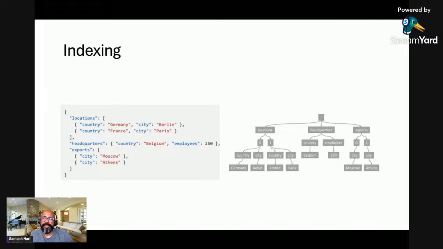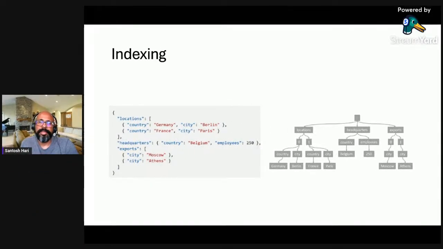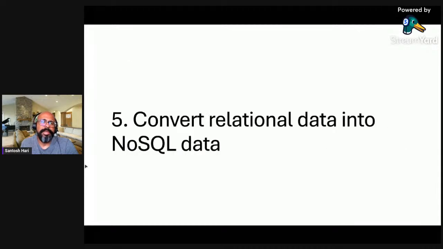That makes it extremely easy to reference this particular data. If I'm running a query on all the headquarters, it immediately knows to come in here. And if I say headquarters.country equal to Belgium, it knows it will return this particular record. Hopefully that's not too complicated.